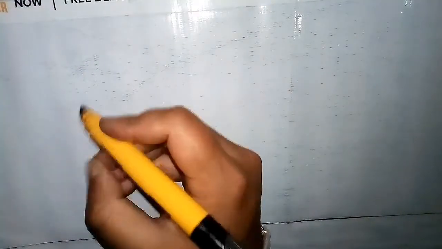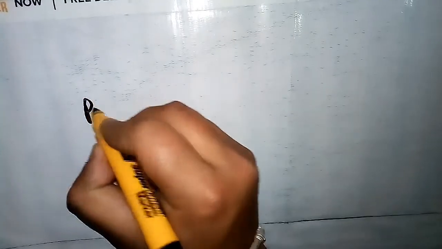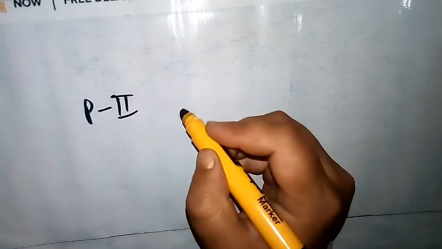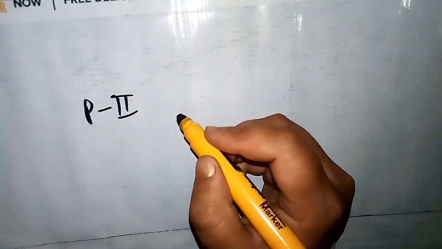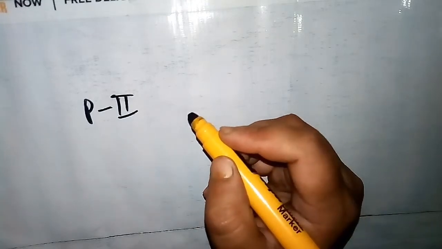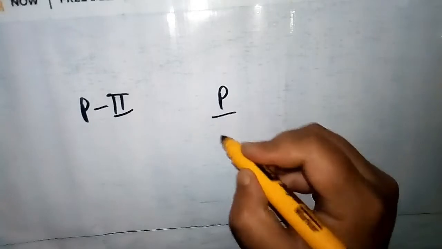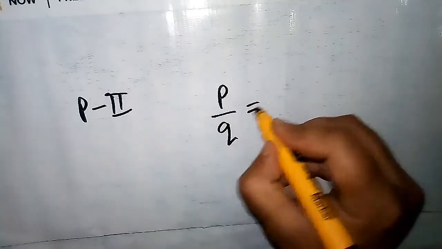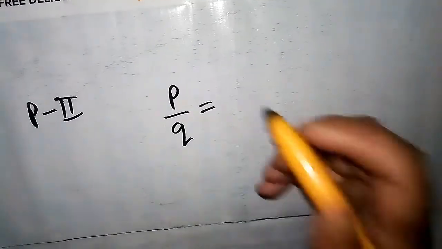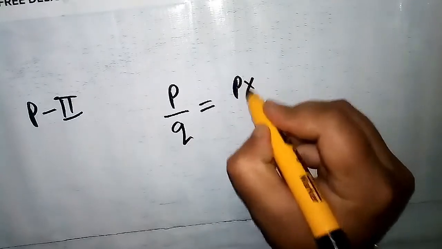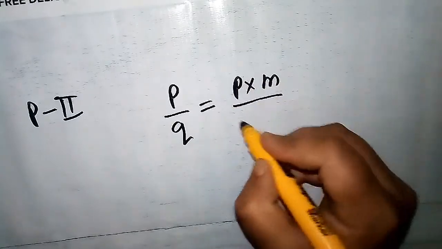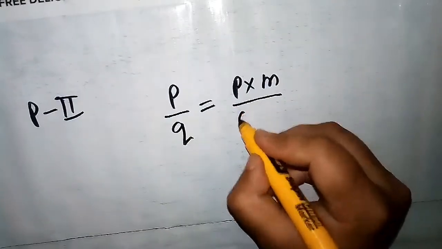Now let us see property number 2. That is, if p upon q is a rational number, then p upon q will be equal to p multiplied by m upon q multiplied by m.